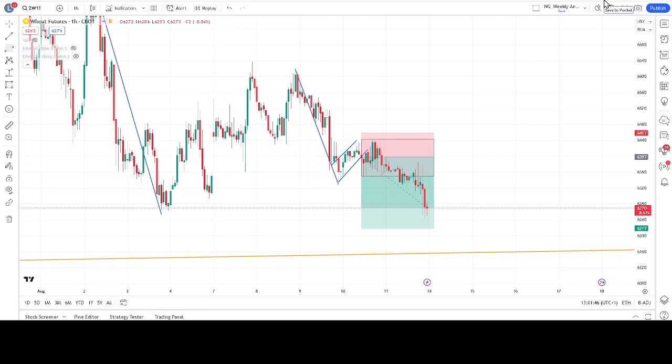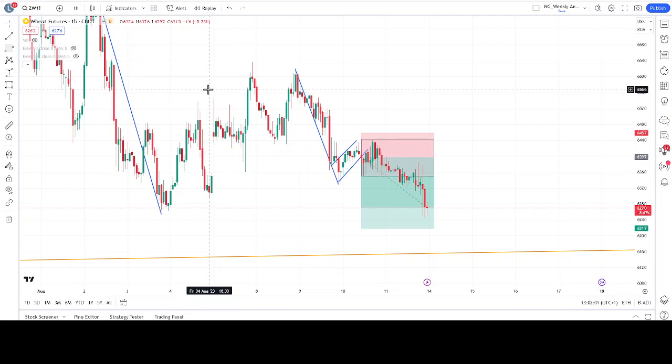So we have here open the charts of wheat on a hourly time frame, and I have said this before that all my trades I usually take on hourly time frame.